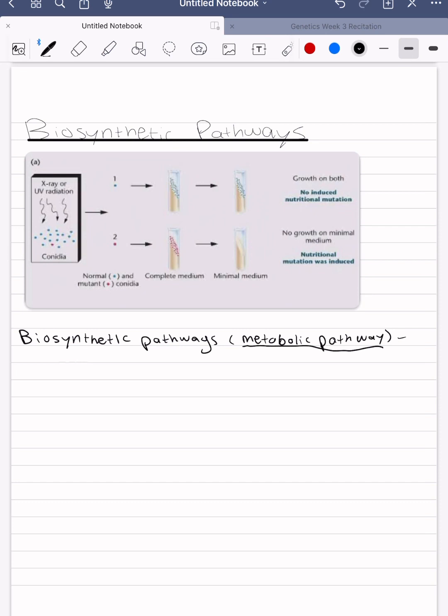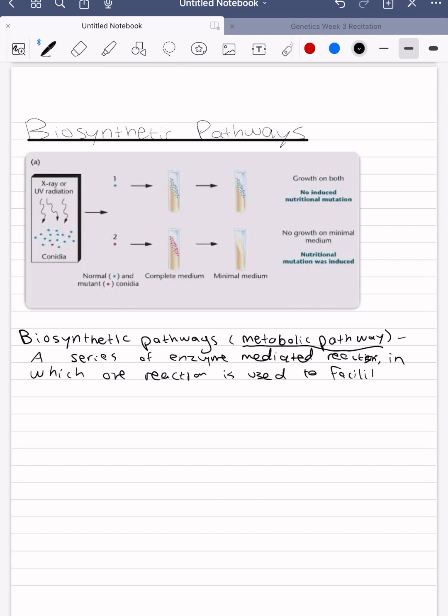Essentially, a biosynthetic pathway is a series of enzyme-mediated reactions in which one reaction is used to facilitate the next by acting as a substrate. An example of this would be the citric acid cycle.